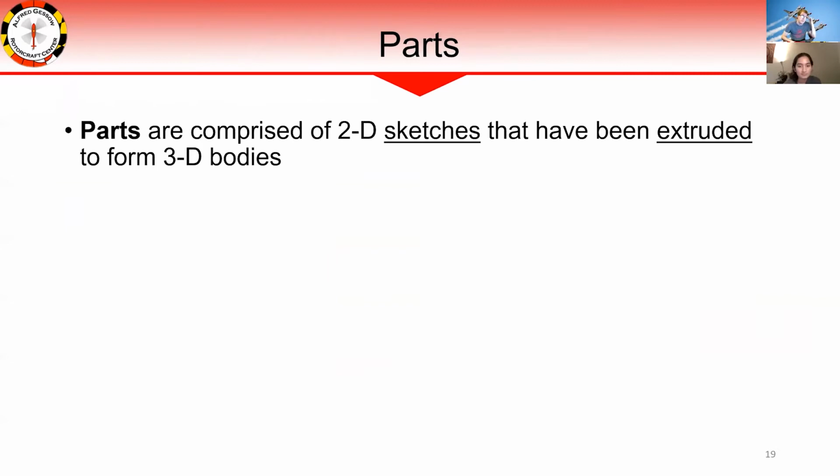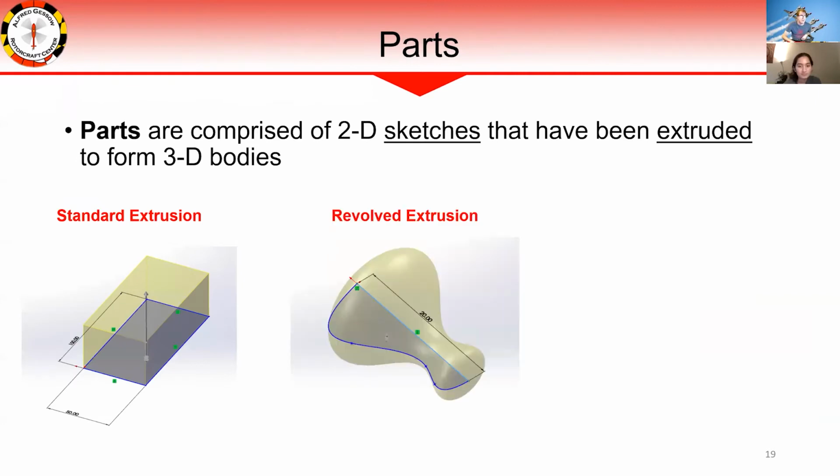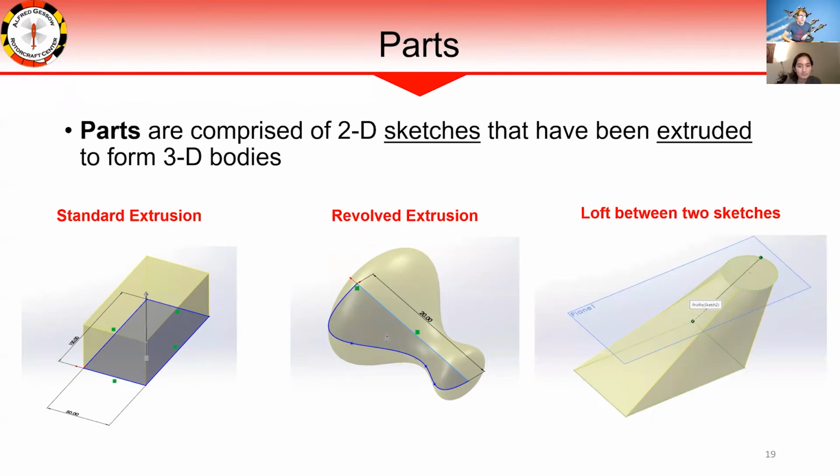Parts, as a formal definition, are comprised of 2D sketches that have been extruded to form 3D bodies. You can do a standard extrusion, or a revolved extrusion, which revolves around some axis that you define. This is good for rotary or cylindrical parts. A loft is also pretty common, where you have multiple sketches and you interpolate between them to fill in a solid body.